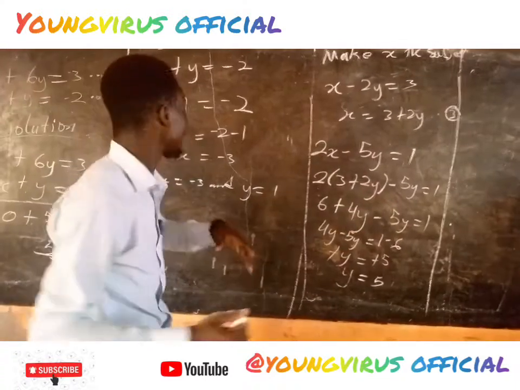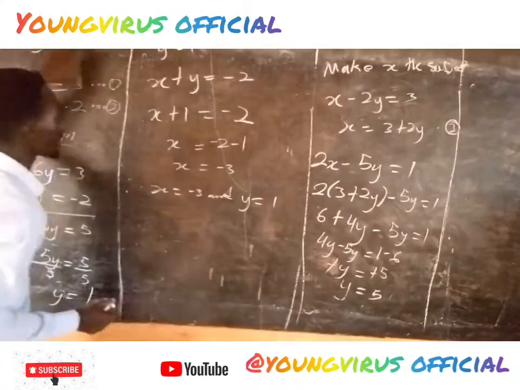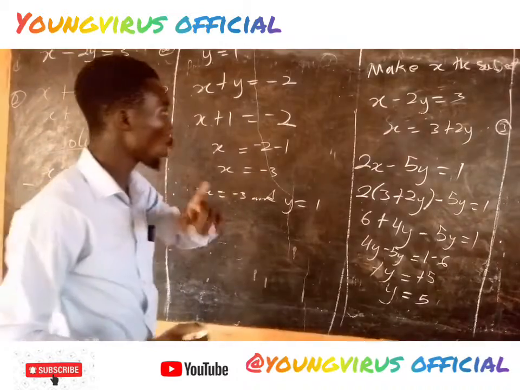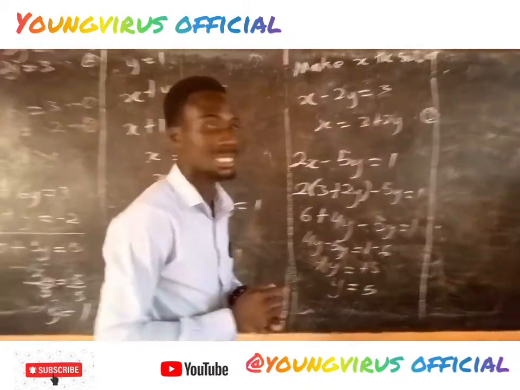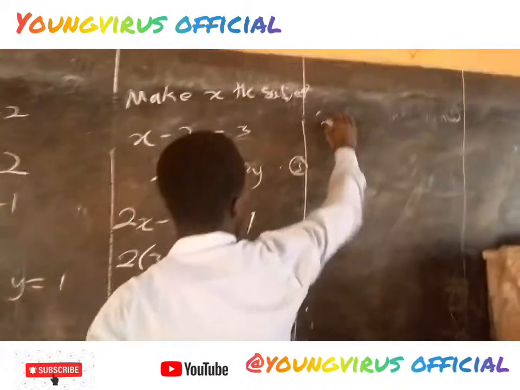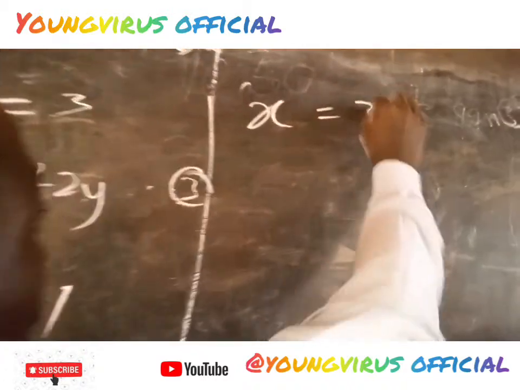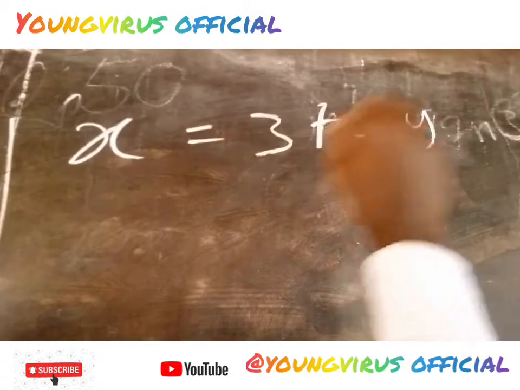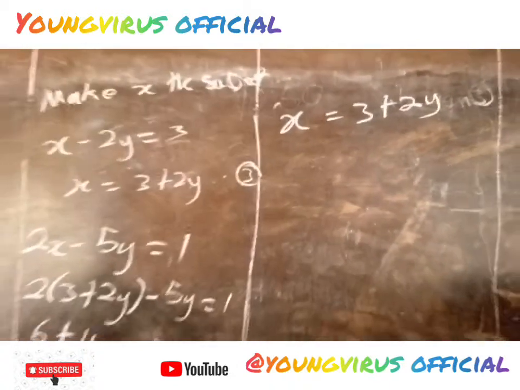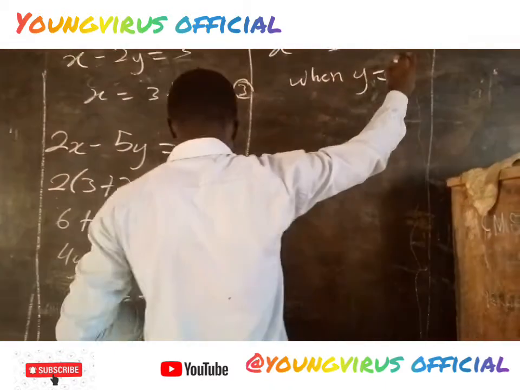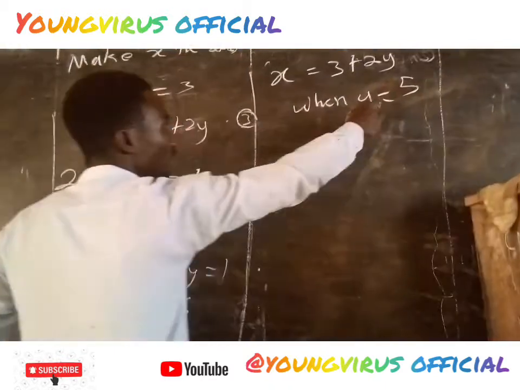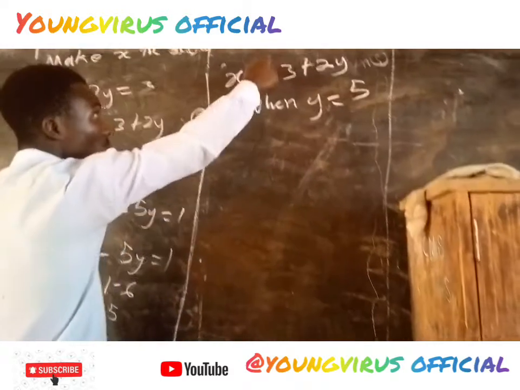In a normal sense, it will tell you to fix y into any of the equations and solve. But I will tell you no. Fix y into equation 3, because in equation 3 we've already made x the subject. That will make it much easier. So x we know is equal to 3 plus 2y. Now we know the value of y is 5.